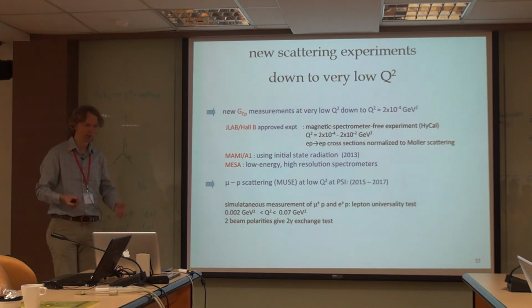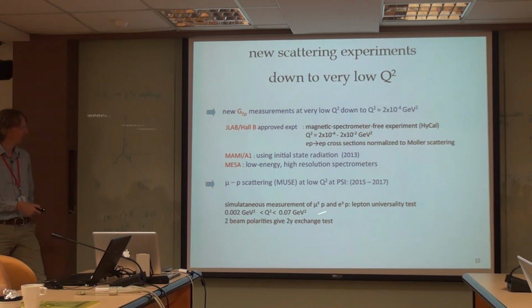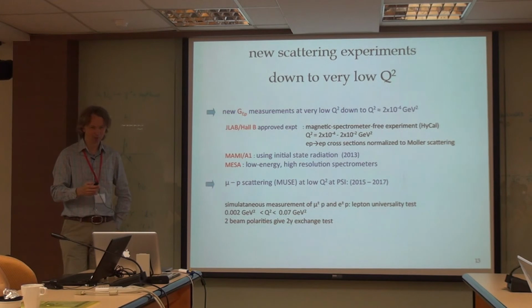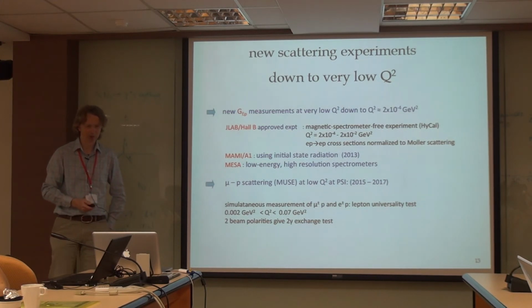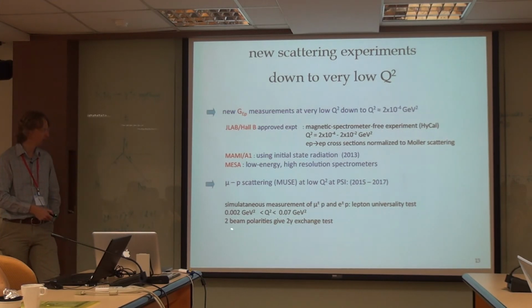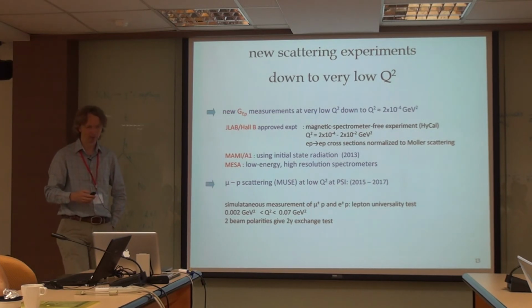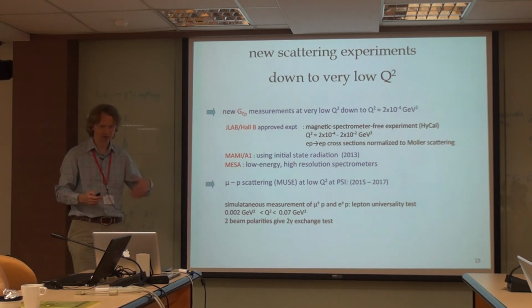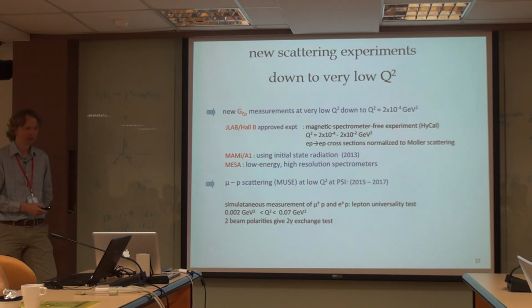It will measure both the different charges and the different lepton flavors, in the Q-squared range between 10 to the minus 3 and a few 10 to the minus 2 GeV squared. So it's basically also a test of two photon exchange corrections, because by changing the sign of the lepton, one can access these two photon corrections directly.